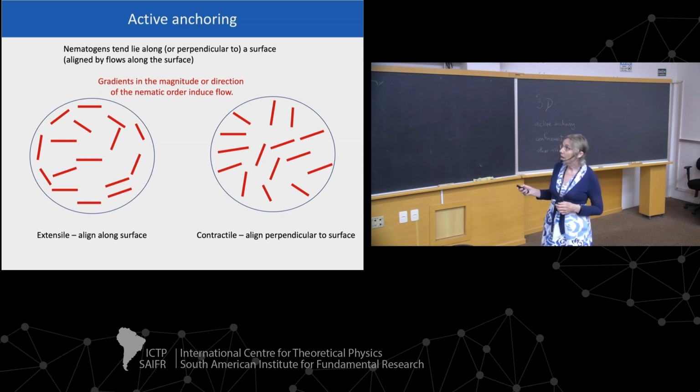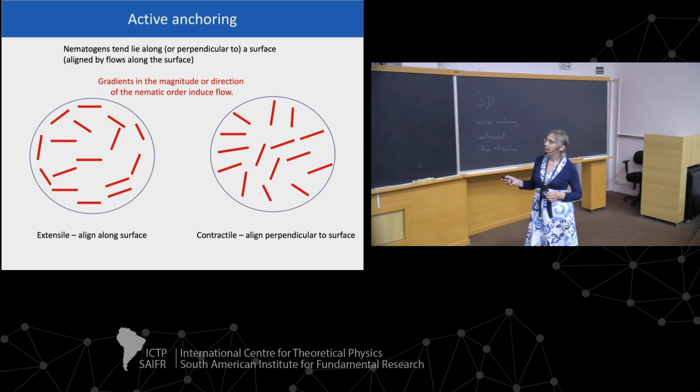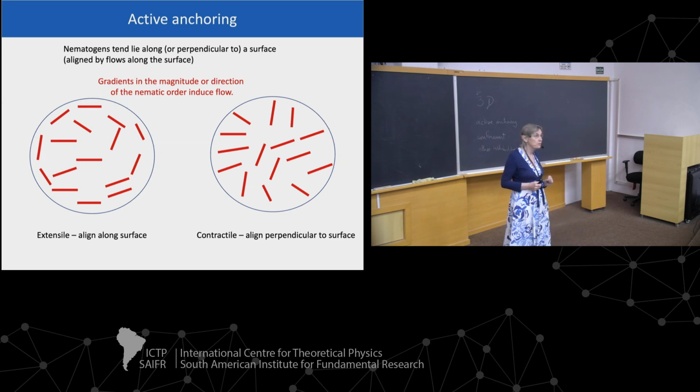That's right. I always get these the wrong way around, but I think it's pullers do this, is that right? Pullers tend to line up next to the surface. Similar physics. Pushers tend to line up like that, because the flow fields of each individual particle is really what we're talking about here. So it's a very similar sort of physics.